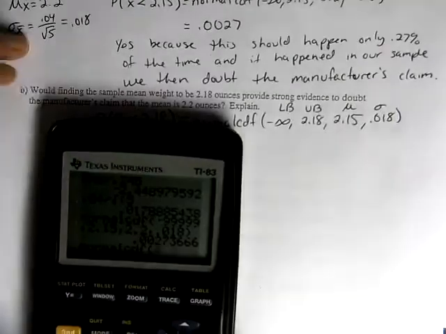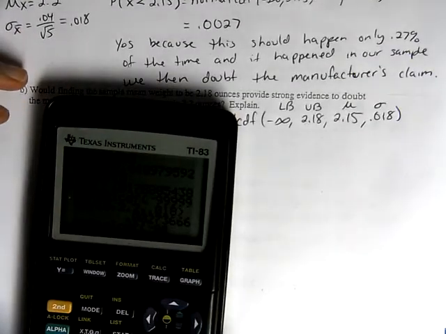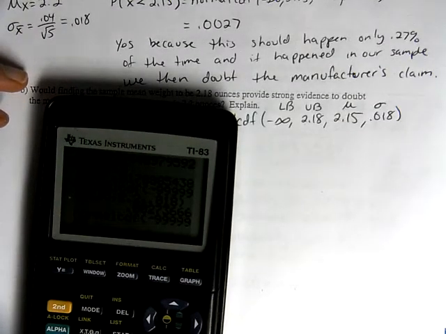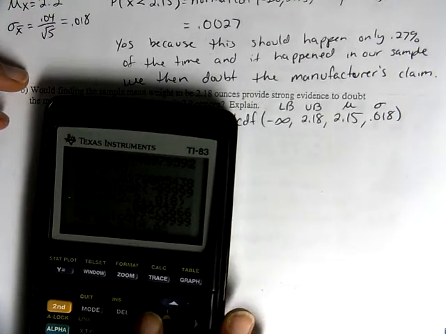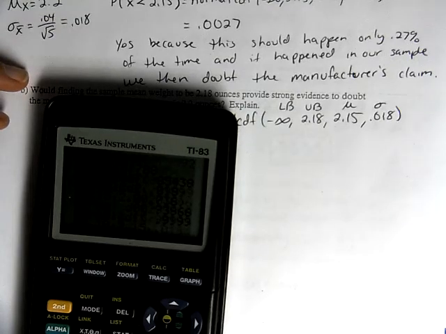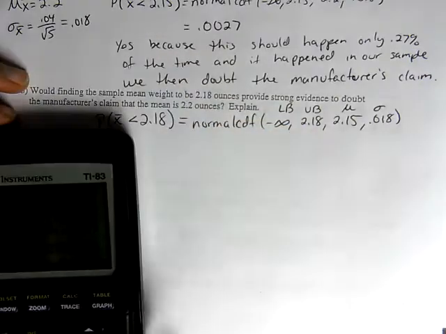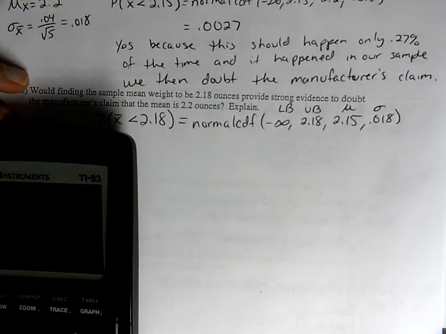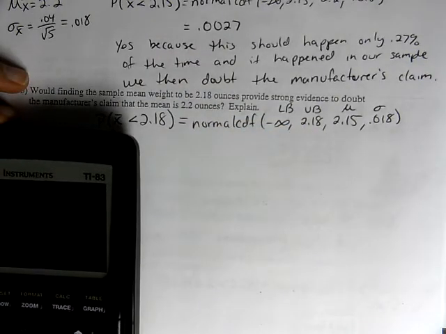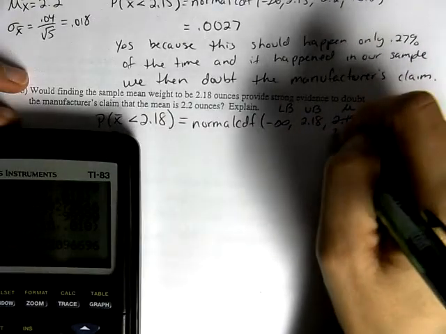So, I'll show you the calculator, sorry. Negative, bunch of nines, 2.18, 2.15, oops, 0.018. So now, I did something wrong. Oh, I put the wrong mean in.